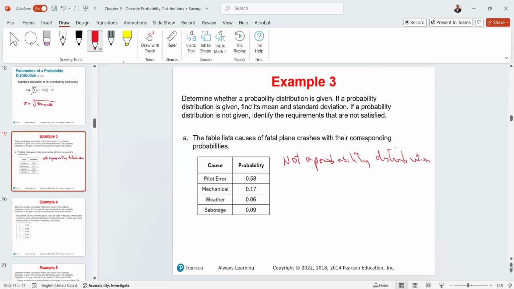It's not a probability distribution because the causes are not numerical values. Look at that. It's categorical data. Not numerical. Not a probability distribution.